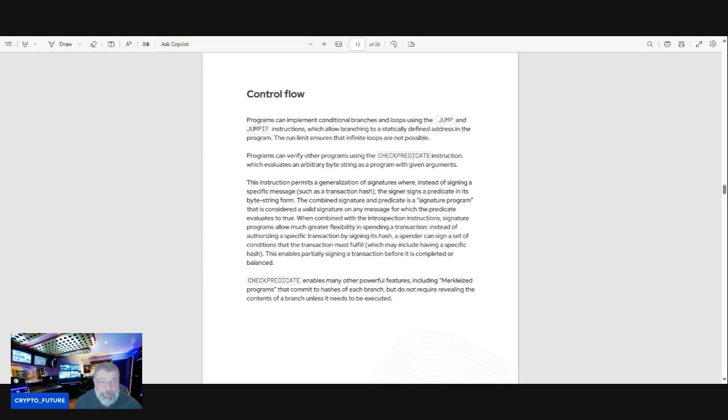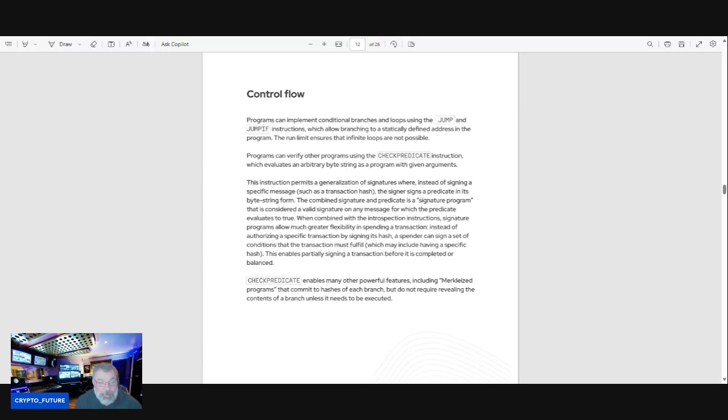When combined with the introspection instructions, signature programs allow much greater flexibility in spending a transaction, instead of authorizing a specific transaction by signing its hash. A spender can sign a set of conditions that the transaction must fulfill, which may include having a specific hash.